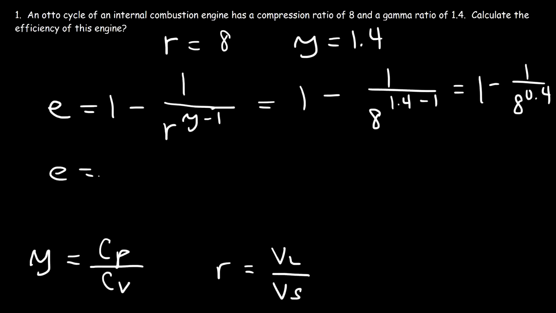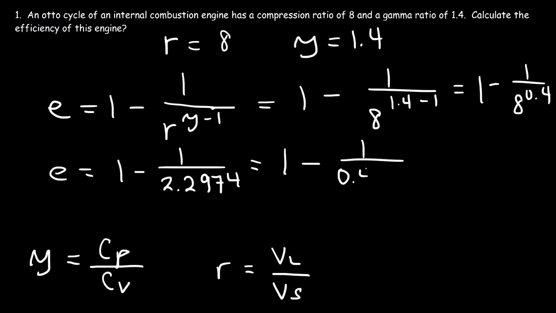Now 8 raised to the 0.4, that's equal to 2.2974. And 1 over 2.2974, that's 0.4353.